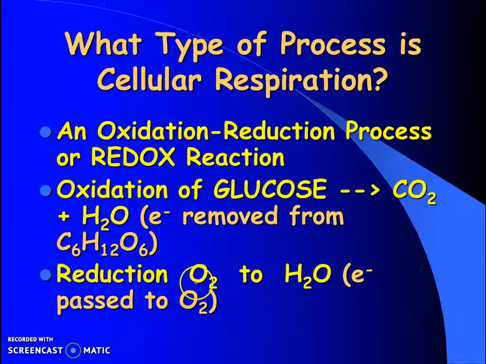And the reduction of oxygen to H2O, that means electron is passed to oxygen. So the glucose gets converted into carbon dioxide and water, and when the oxygen is reduced, it gets converted into water, that is H2O, and this is all a redox reaction.